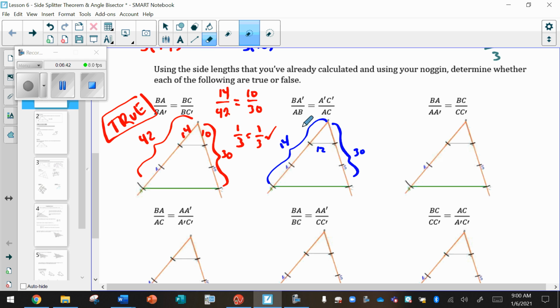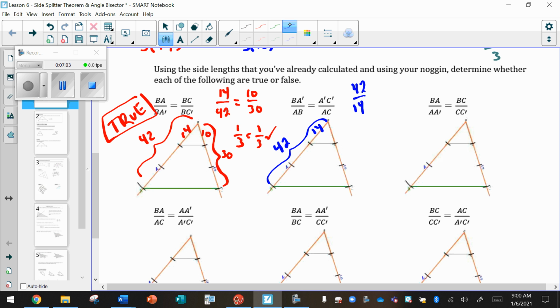BA prime is 42. Man, I really screwed that up. Fixing it though. And then AB was 14. There we go. 42 over 14. And then A prime C prime was 36 over the original AC, which is 12.